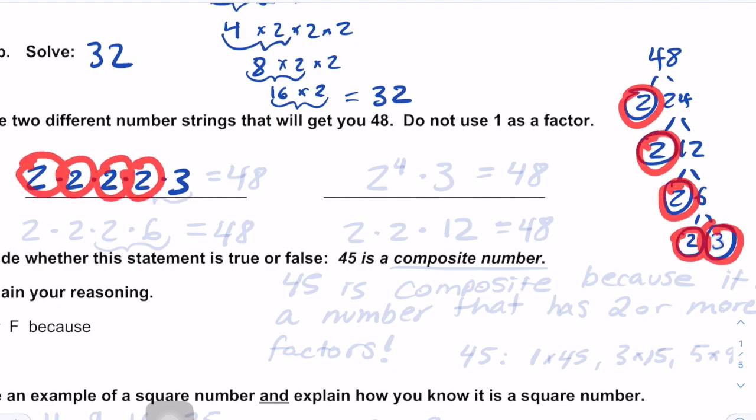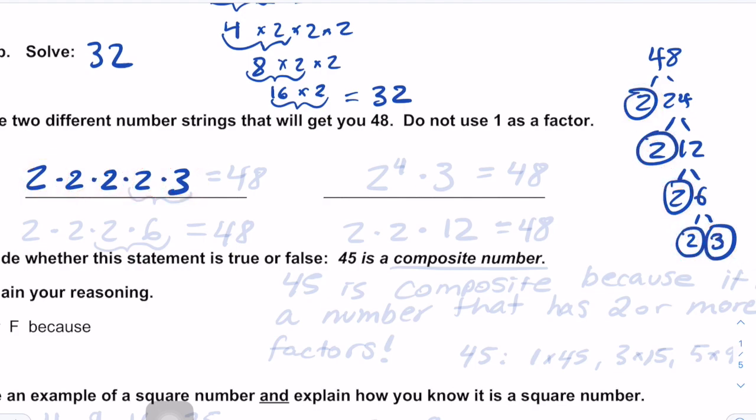And I know that to make a new expression, I could simply combine my 2's and write that as an exponent and just say 2 to the 4th power times 3 equals 48. And if I check this through on my calculator, both expressions should equal 48.